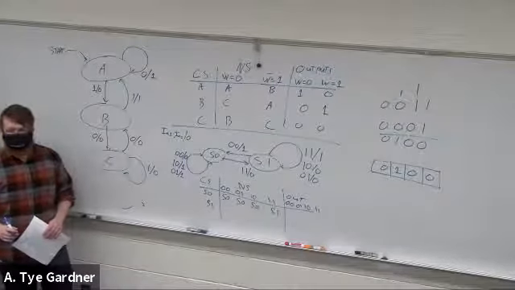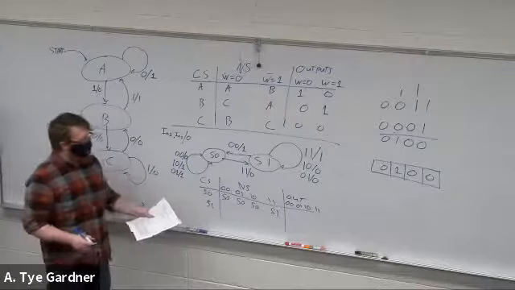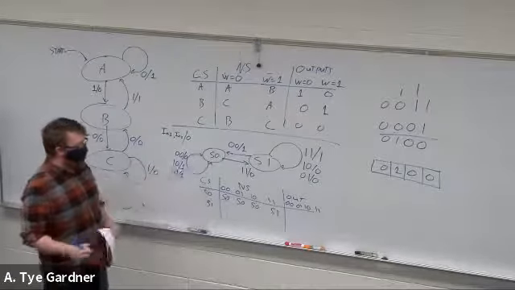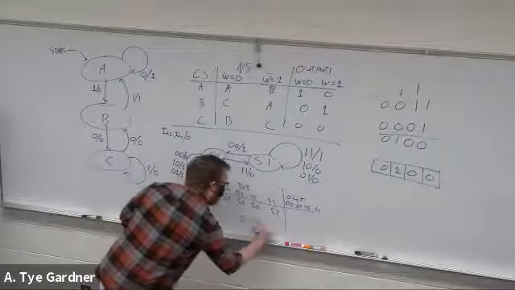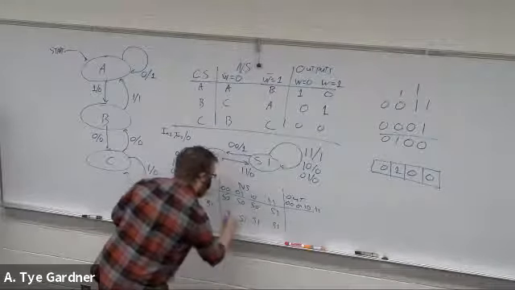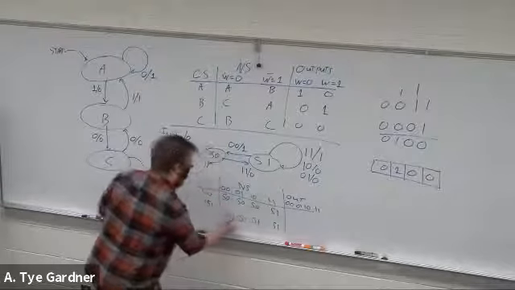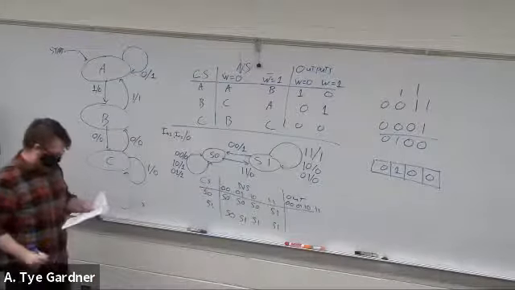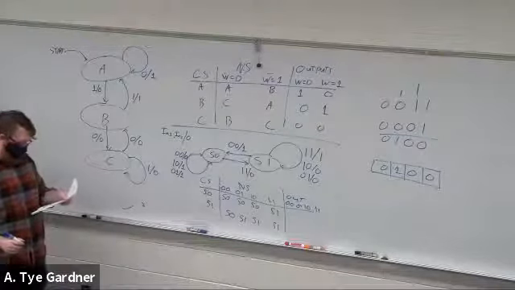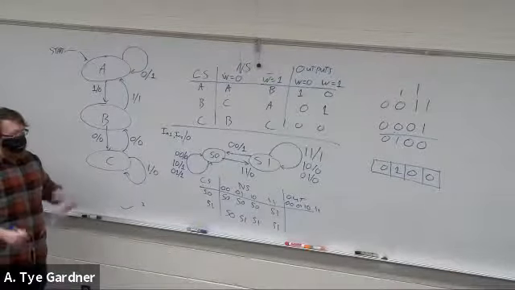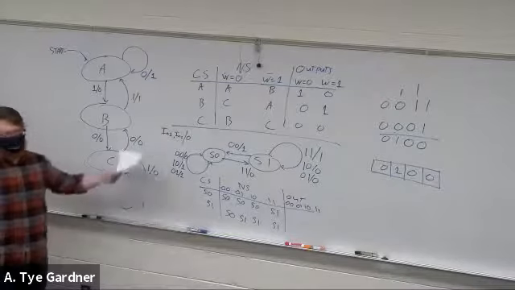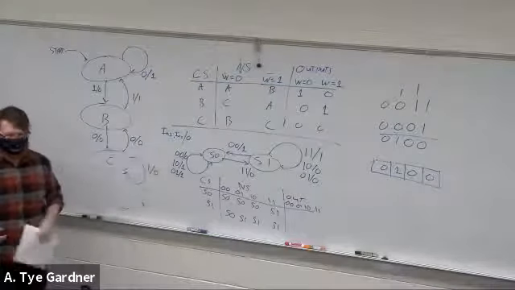And then if we're in state 1, in every case except for 0 0, we stay put. And then we just do the same thing. What are the outputs doing based on their current inputs in the current state?